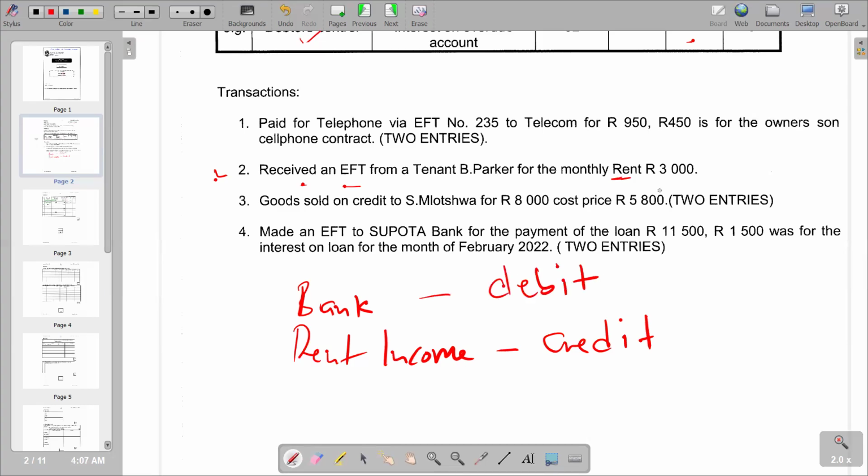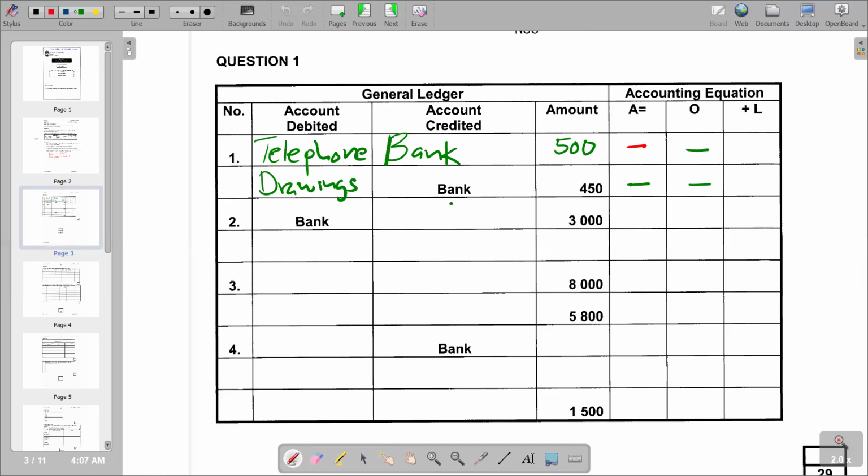So the amount is 3,000. So we can just go to the answer section and enter it as such, whereby we have bank already pre-entered on the debit side, and on the credit side we are saying it's rent income. So this is what we have.